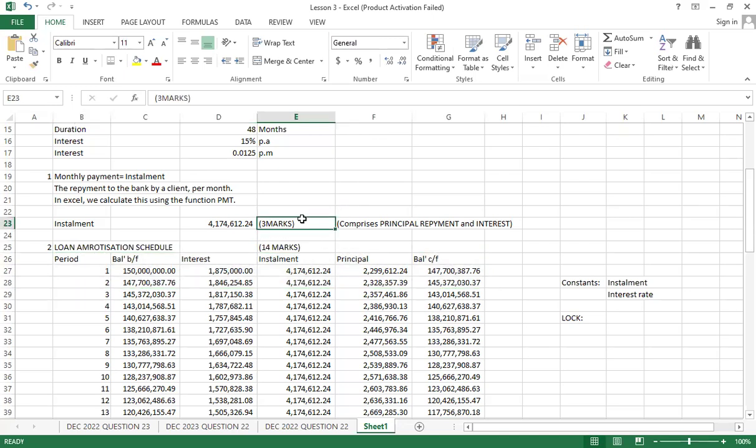Actually, this one was 13, and there was a part C that had 4 marks. So is there any question to that point?